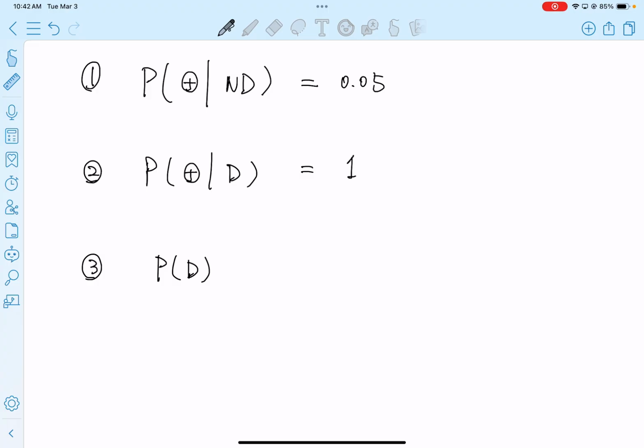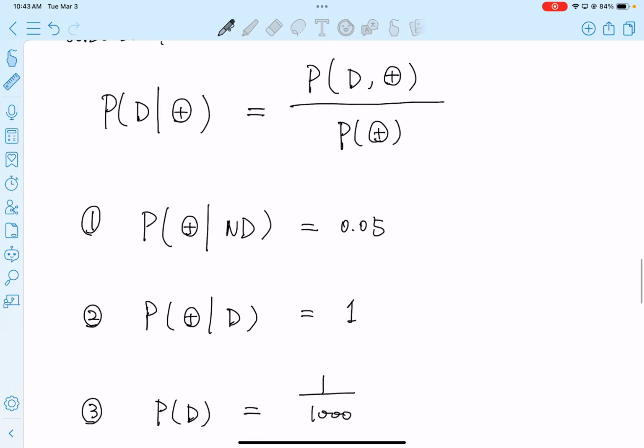We're not talking about whether the test is positive or negative, doing good or doing bad. We're only talking about the disease. So P of the disease as a marginal probability is equal to 1 over 1,000. We use this number to define the rarity. This is a test for a rare disease. Okay, so now based on the question, we rewrite the information into mathematical language.